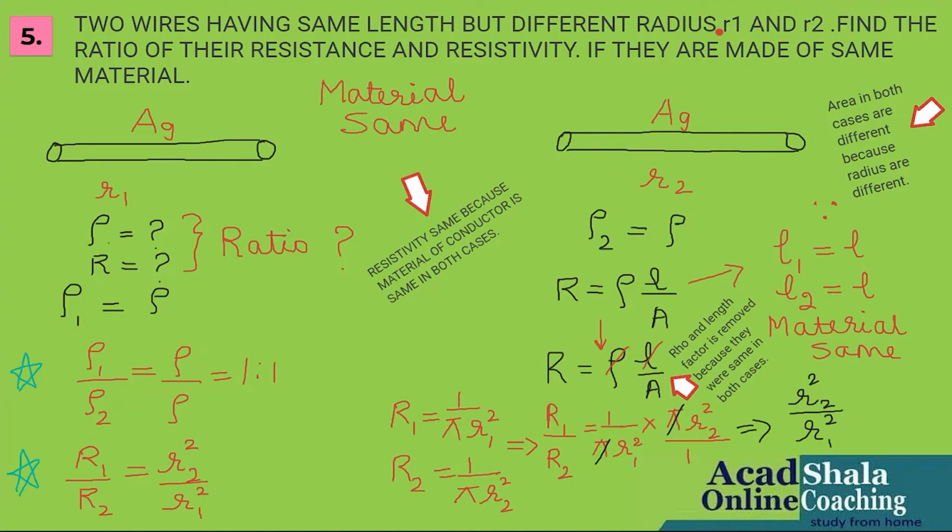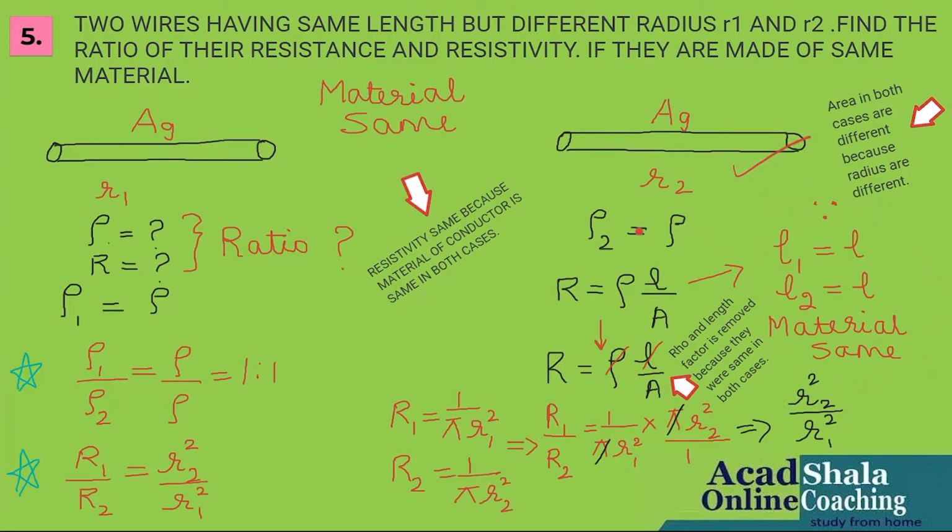If we know that the radius is R1 and R2, that means the area in both the cases is different, because the radius is different in both the cases. Yes or no children? So in this case, what will happen? The length is the same, that is L1 is equal to L, L2 is equal to L, and the material is also the same. This though we know very well.